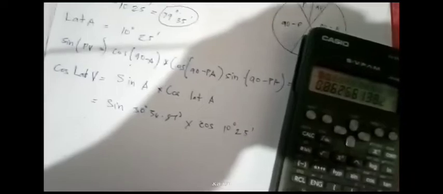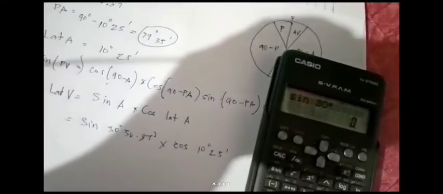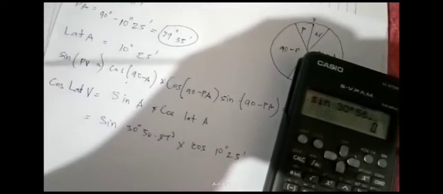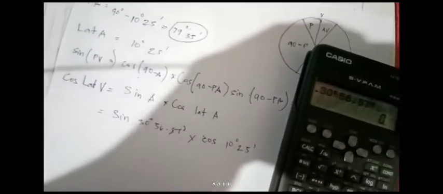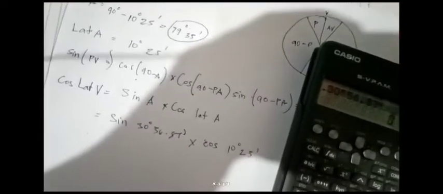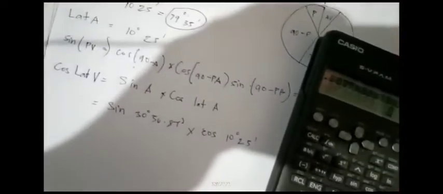So we will use our calculator. Sine 30 degrees, let's repeat, sine 30 degrees 56.87 minutes multiplied by cosine 10 degrees and 25 minutes.